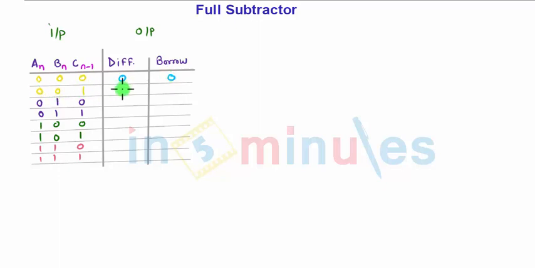0 0 1, difference is 1 but borrow is generated.